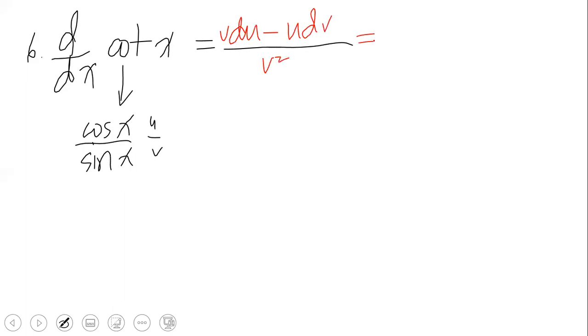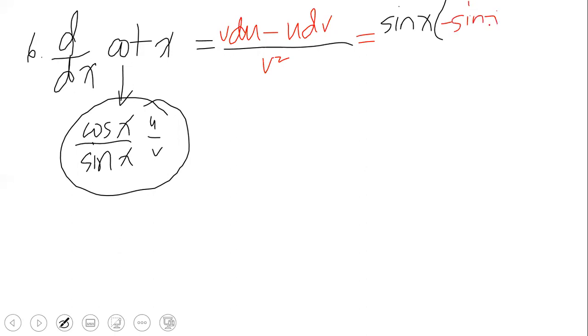So ibig sabihin, kailangan kong i-differentiate ang itong function na to, yung cosine x over sine x. So ang v ko, that will be sine x. And the derivative of u, so the derivative of cosine is negative sine x.